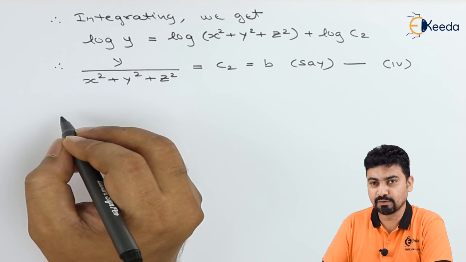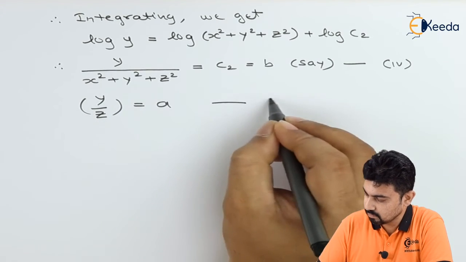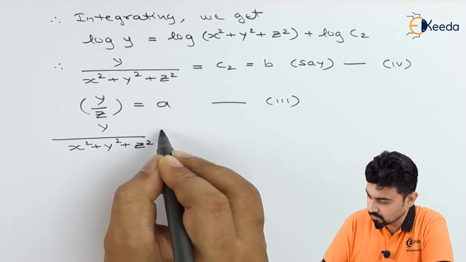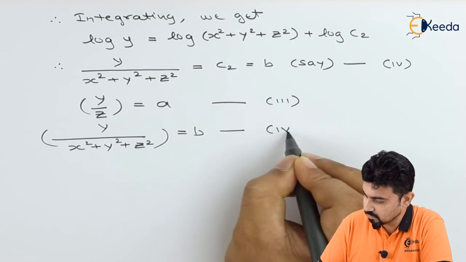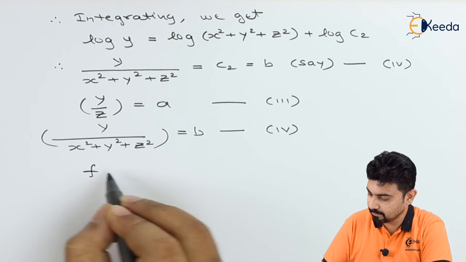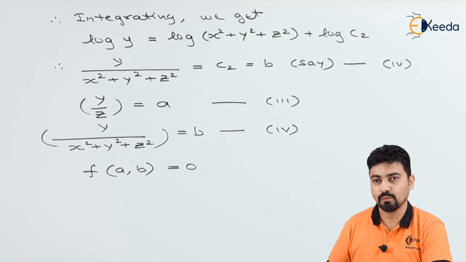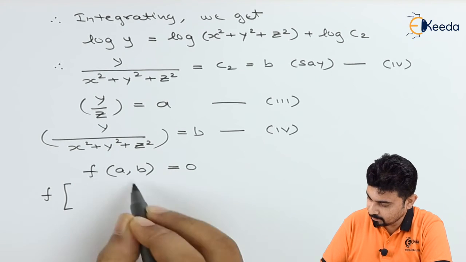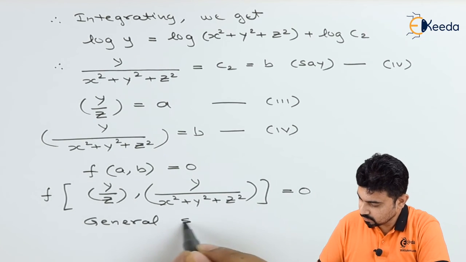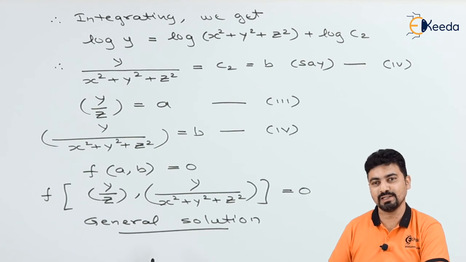The first and the second part of the solution will be, therefore our final general solution will be in the form of, which can also be written as, this is our final general form of the given partial differential equation.